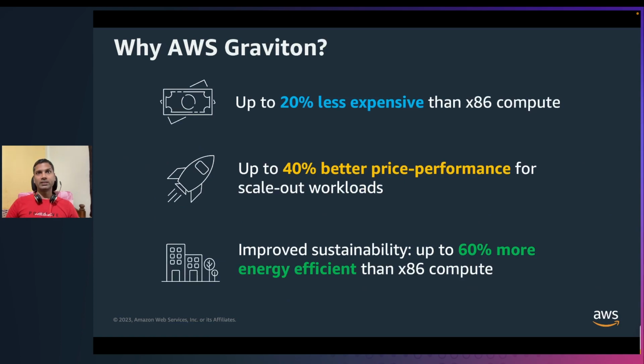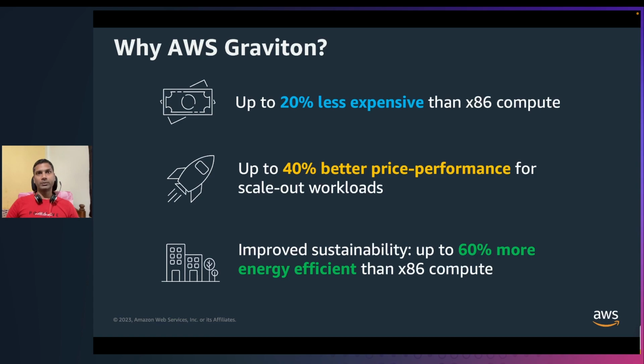Graviton powered instances can lower total cost of ownership, that is TCO, significantly for our customers. It provides up to 20% lower cost and on an average 20% better performance when compared to other instances with the same vCPU and memory configuration. This leads to on an average 40% better price performance versus comparable x86 based instances.